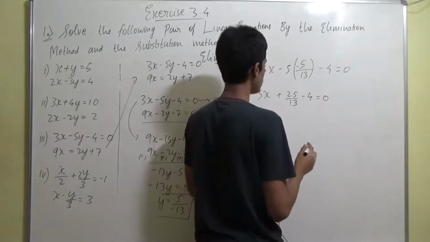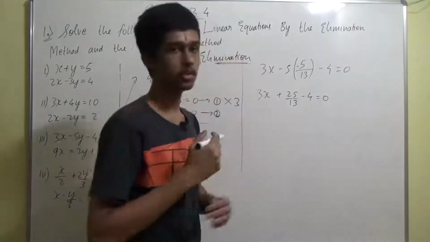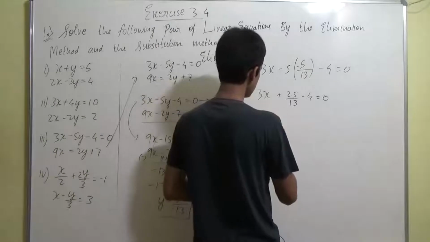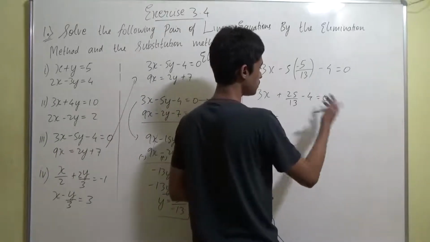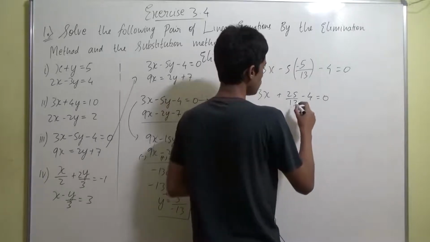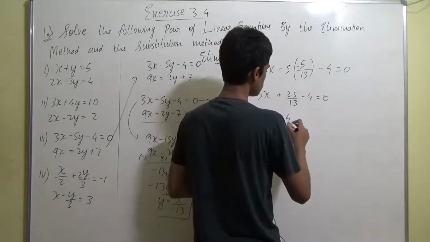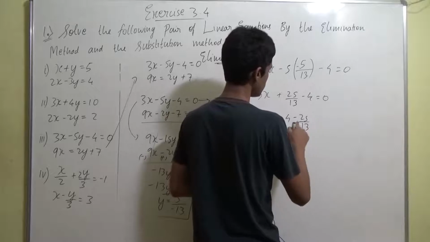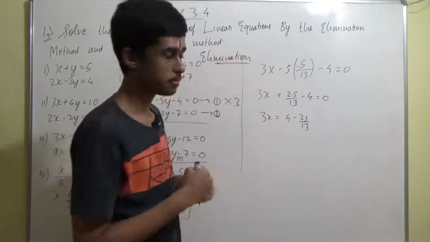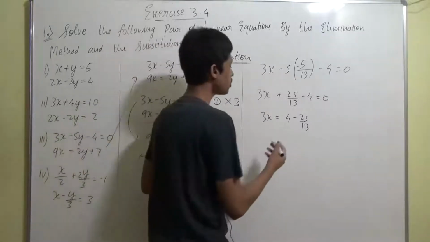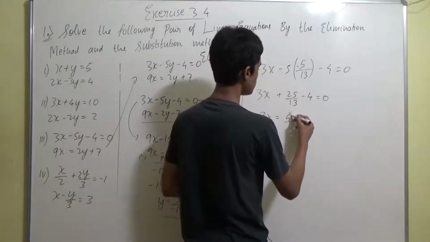Right. Now what we'll do, we'll keep the variable terms on one side and all the numerical terms on the other side. So let's keep 3x this side and all the numerical terms we are going to take right after 0. It will become 4 minus 25 by 13. Right, minus 4 will become plus 4 and plus 25 by 13 will become minus 25 by 13. Now you will take the LCM and multiply by 13.